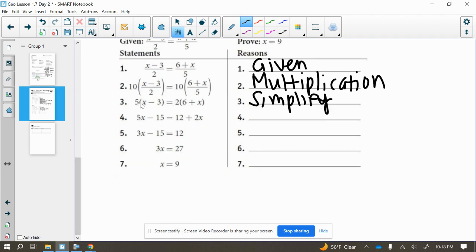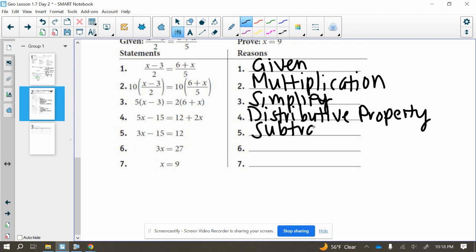Next, we took this 5 and distributed to the x and the -3, and the 2 got distributed to the 6 and the x. So we would say again, distributive property. Subtract this 2 over. So we have subtraction.